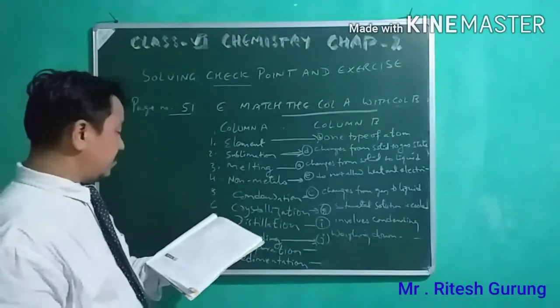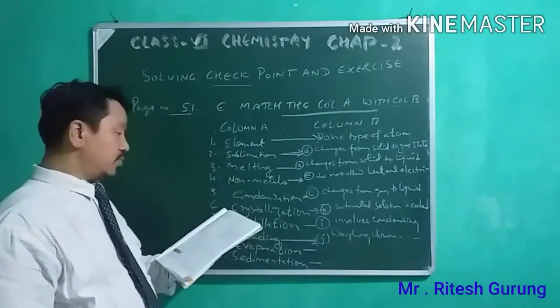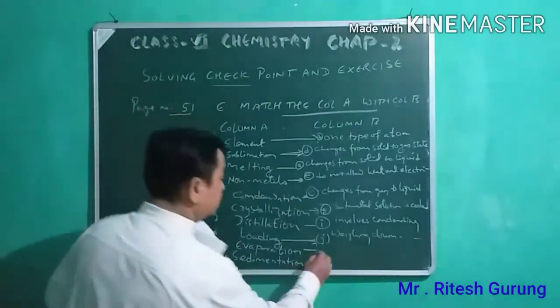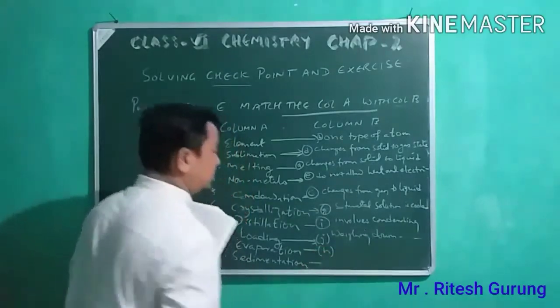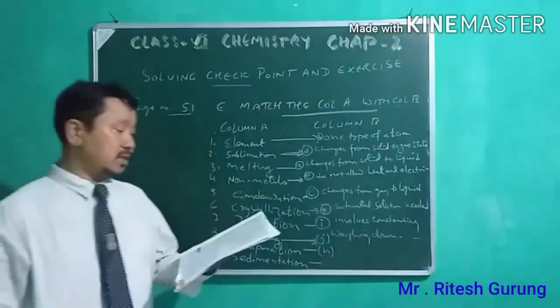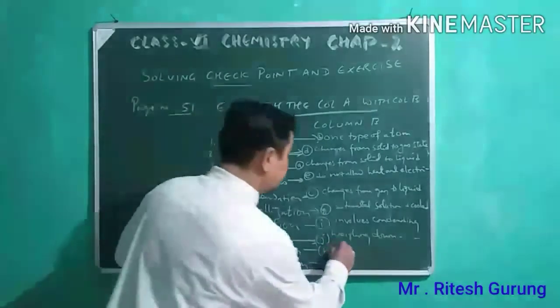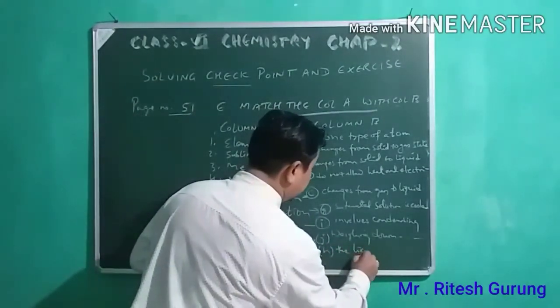Then number 9, evaporation, that is option number H. Evaporation, H. That is the liquid evaporates.